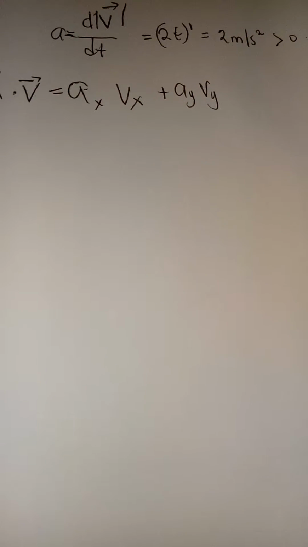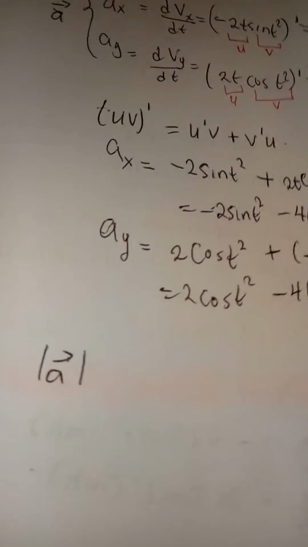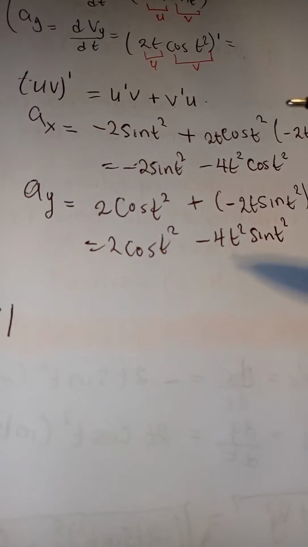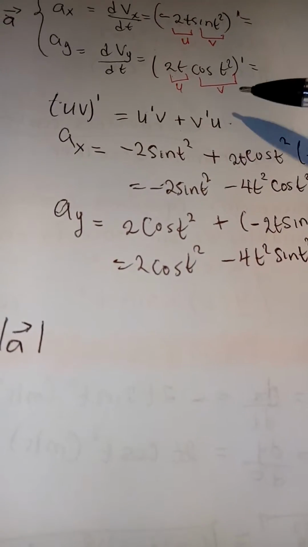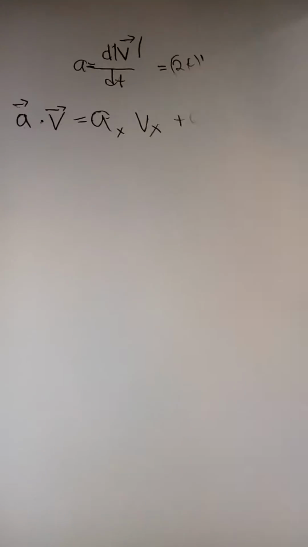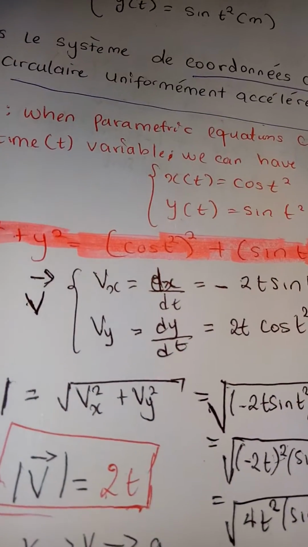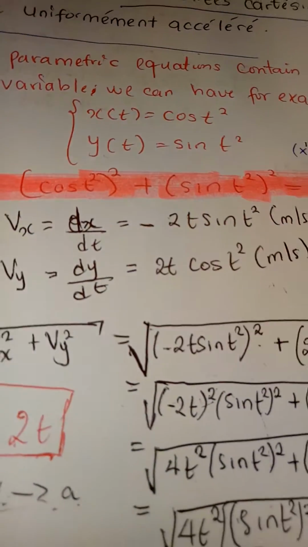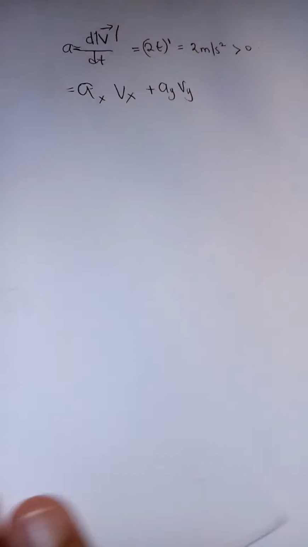So remember, we calculated our ax and we calculated our ay. So all we have to do is to replace our ax, multiply it by what we got for our vx, which is this. Then we do for ay and multiply by vy, and then see whether we'll get something greater than 0. So that's what we're going to do now.